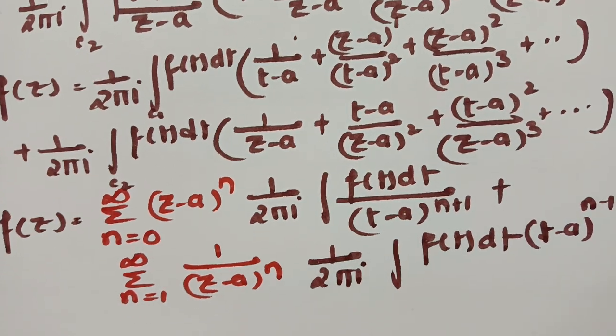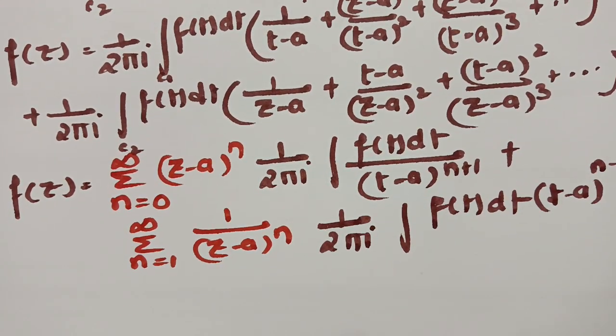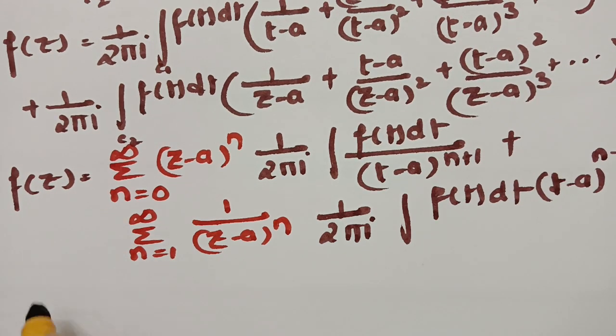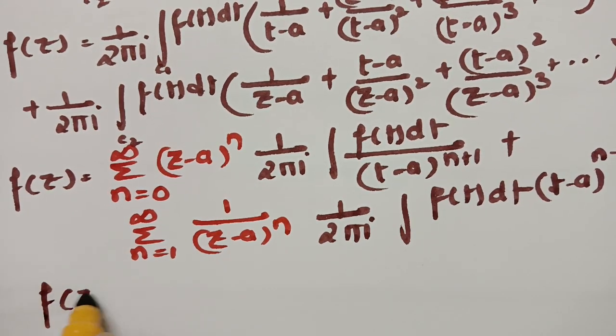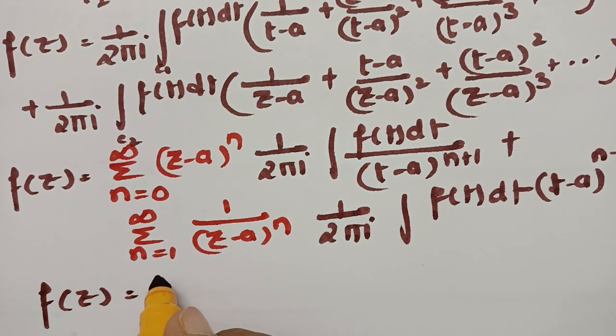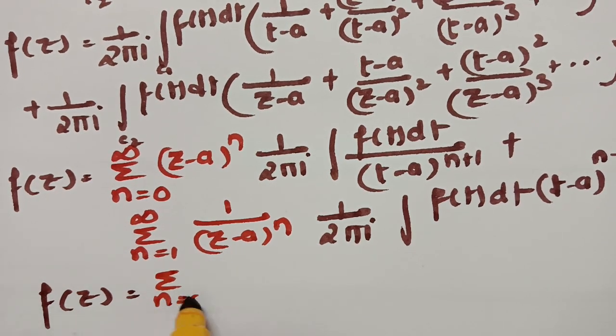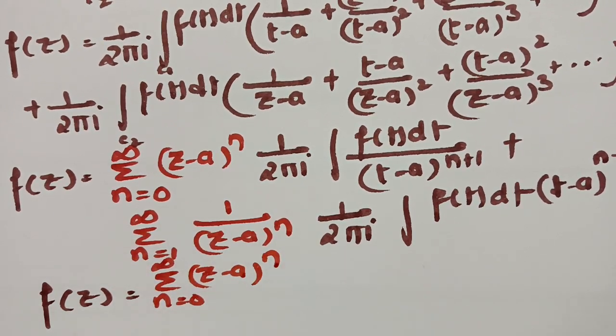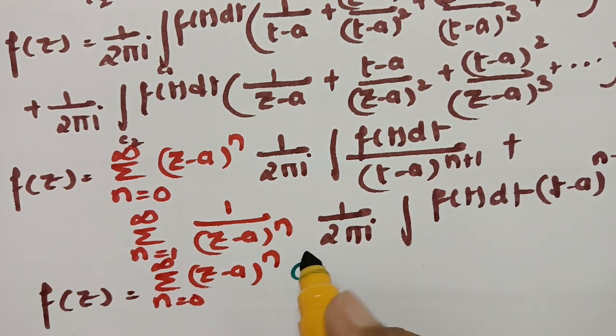So got it? I wrote like this, and here I am writing this statement as f of z is equal to sigma n is equal to 0 to infinity (z minus a) power n into, this whole term I am writing as an.